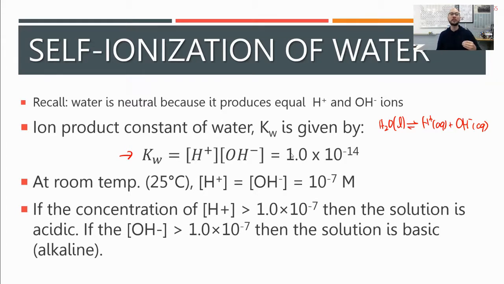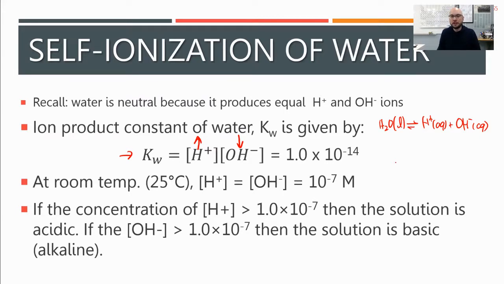But as the concentration of one increases, the other has to decrease. So by putting acid in, we increase the concentration of H+, which means that OH minus has to go down. When we've got a neutral solution, both of them are 1.0 times 10 to the negative 7. But as we increase hydrogen, OH minus decreases. Or if we're adding a base to water, which increases the amount of hydroxide ions, it drops H+.